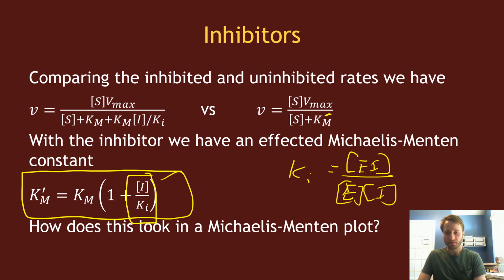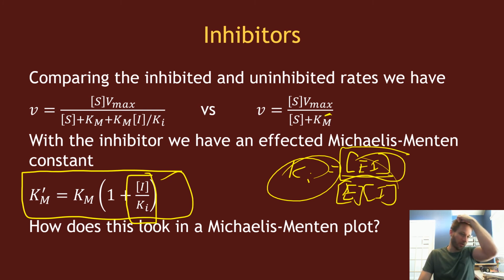And so the more this ratio favors the products, the larger Ki is, the stronger the inhibitor binds, and things of that nature.